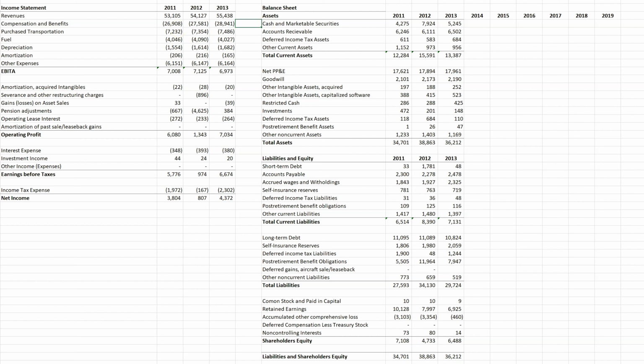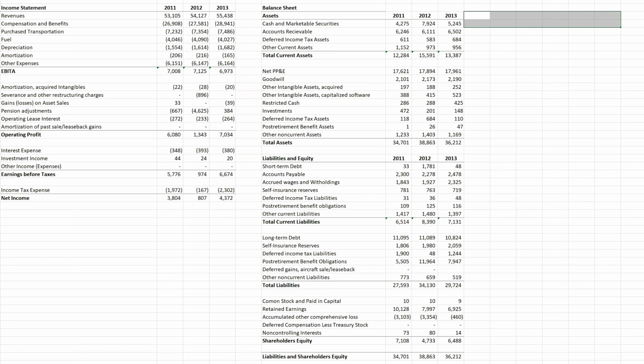So again, we're looking to analyze the historical performance of the firm. We're trying to understand how the firm has been behaving, and hopefully that will help us understand how the firm is changing over time, right? The firm isn't static, and we'll talk about some ways that UPS is changing.